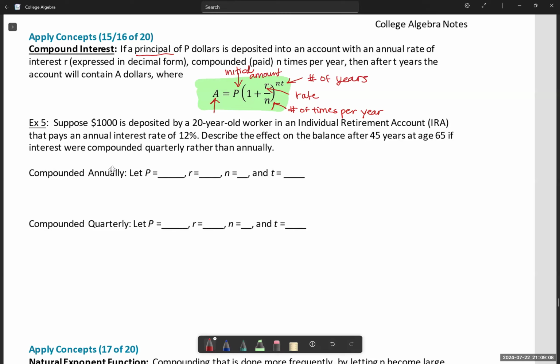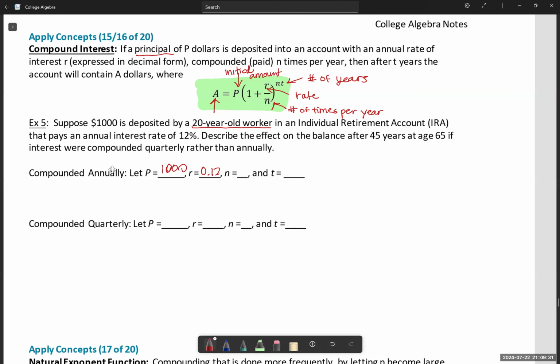Okay, so let's just do a practice problem. It says, suppose $1,000 is deposited. So that's our principal. We have $1,000 initially by a 20-year-old worker. Well, that doesn't really come into play just yet. In an IRA, it pays an annual interest rate of 12%.